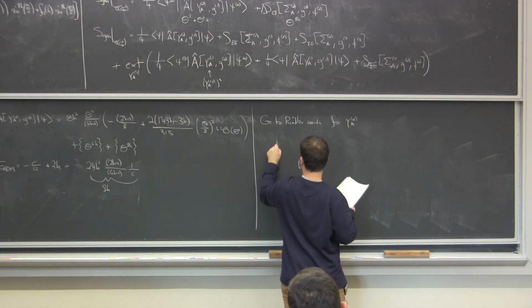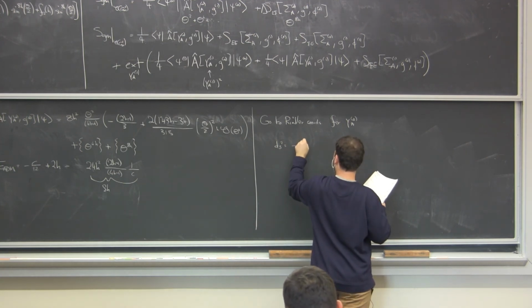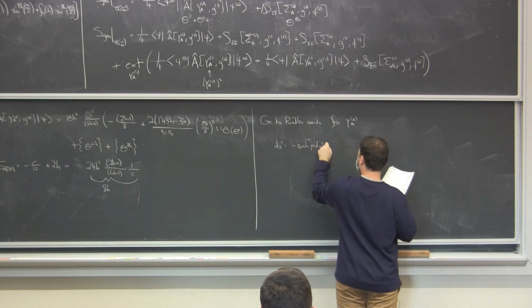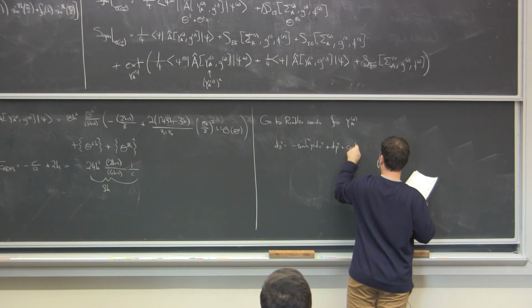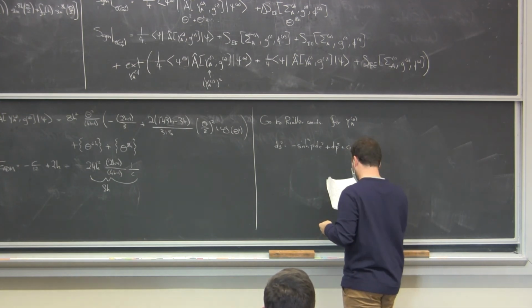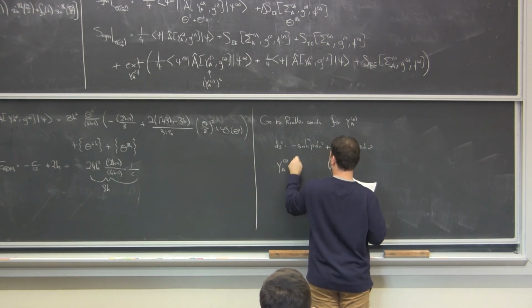This is the metric in AdS3 for Rindler. One of the really nice things about going to these coordinates is that the classical extremal surface is just at rho equals 0.